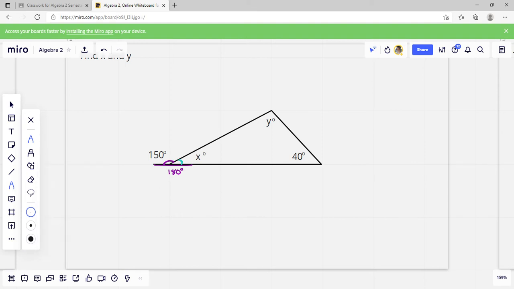That'd be x. So we'd have 180 take away 150 is going to equal 30. Okay, so now if we have 30 and 40, that would be 70. We've got 180 minus 70. We're going to get 110.